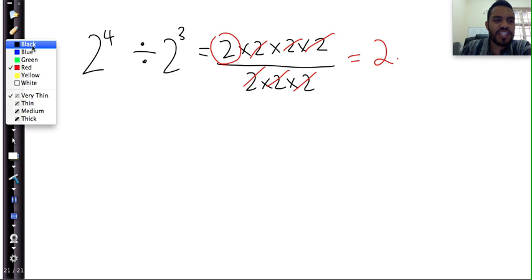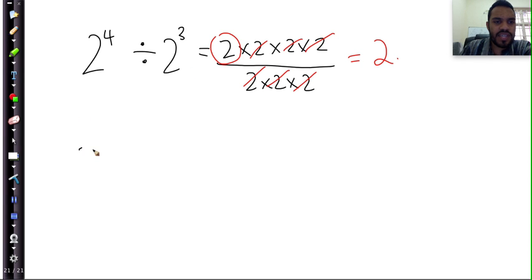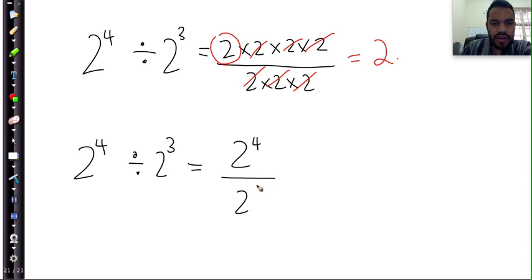So using the exponent laws is a quick way of doing this. We say it's 2 to the power of 4 divided by 2 to the power of 3. And that's going to give me 2 to the power of 4 minus 3, which gives me the answer of 2 over there.